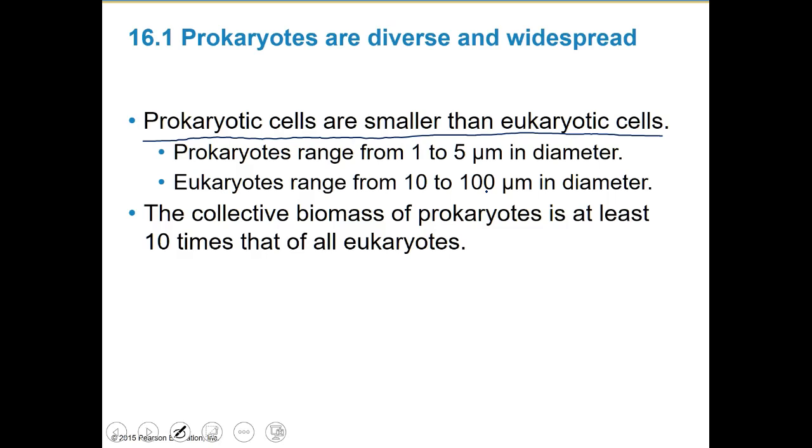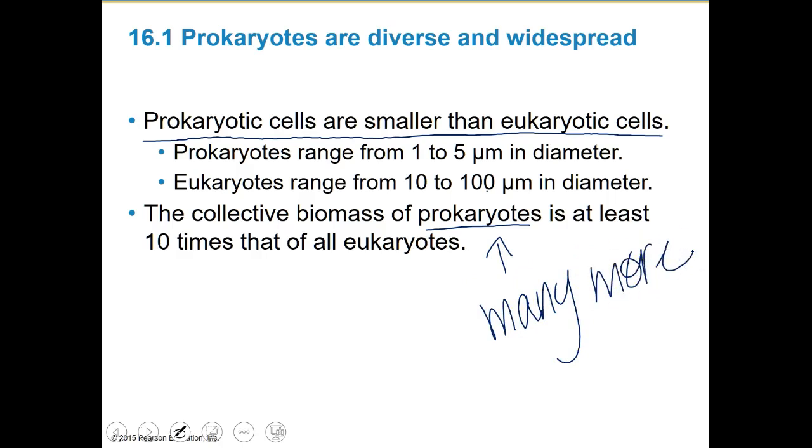However, the collective biomass of prokaryotes is at least 10 times that of all eukaryotes. So it just says that there are many, many more prokaryotes than there are eukaryotes. And we mean lots more. Think of how many prokaryotes it would take to make up a eukaryote.